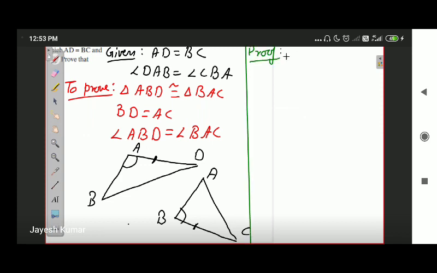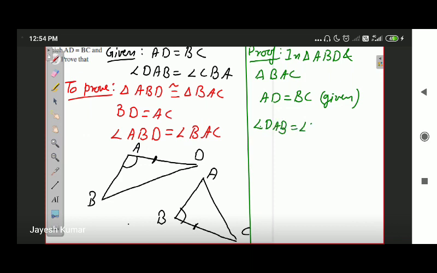First of all, we will talk about triangles. So in triangle ABD and triangle BAC, what is happening in this triangle? It is given to us that AD is equal to BC. Also, it is given to us that angle DAB is equal to angle CBA. These two things were given to us. Next, we have to determine whether there is one more pair of angles equal or one more pair of sides equal.